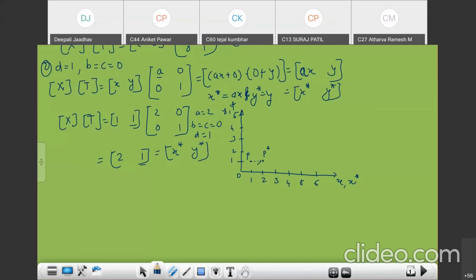Similarly, let's take another example where a is equal to 1 and b is equal to c is equal to 0. Now a is 1, and we assign some value for d. I take the same example, x t is equal to 1 1 and 1 0 0 2. Now here a is equal to 1, b and c are equal to 0 and d is equal to 2. Now what is the new point?